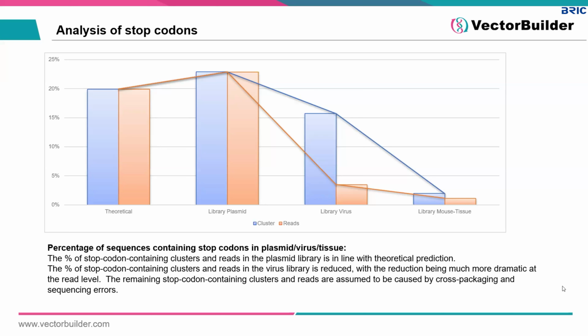That could result from sequencing error or cross-packaging. This is a very critical parameter that affects the quality of the virus library. So we look into the stop codon percentage in the virus library, and after evaluation, we find out whether this batch of virus would be suitable for downstream assays.